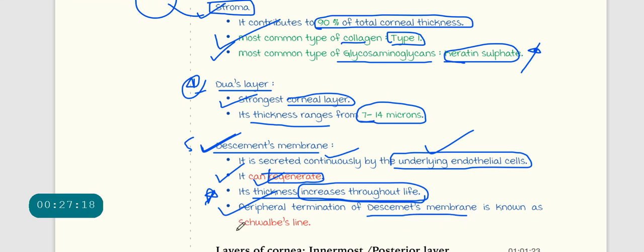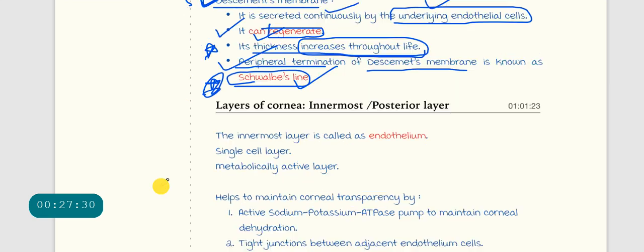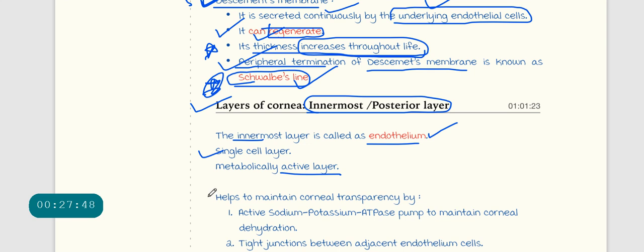Now comes the innermost and posterior layer of the cornea. We studied that the innermost layer is formed by the endothelium. It is a single cell layer and a metabolically active layer. It helps in maintaining corneal transparency. How? By the active sodium potassium ATPase pump, it prevents corneal dehydration.